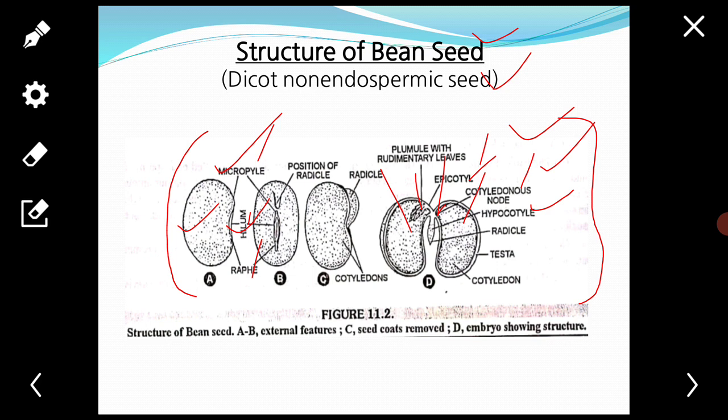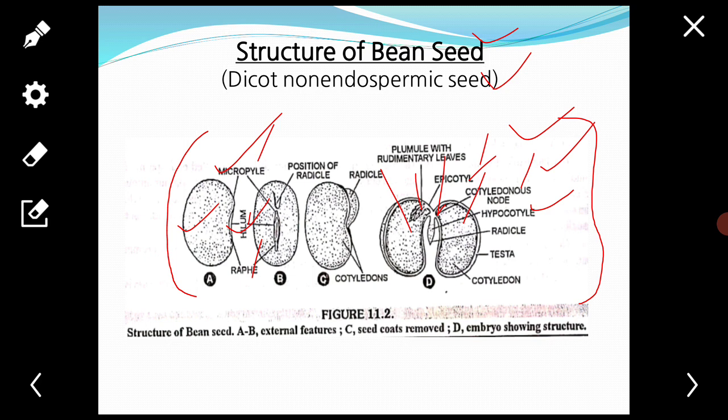Both the epicotyl and hypocotyl elongate rapidly during seed germination.